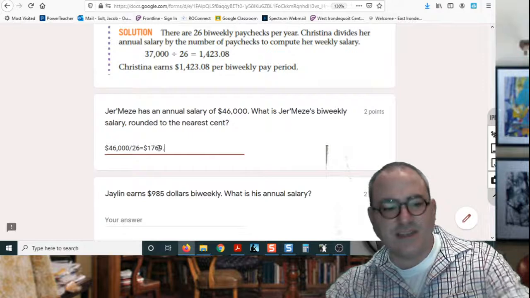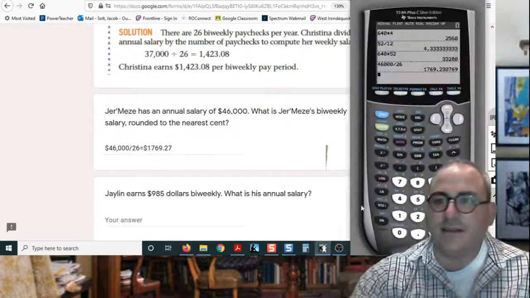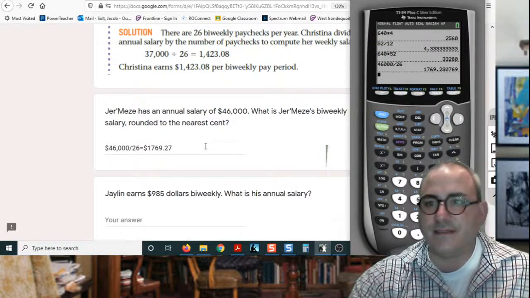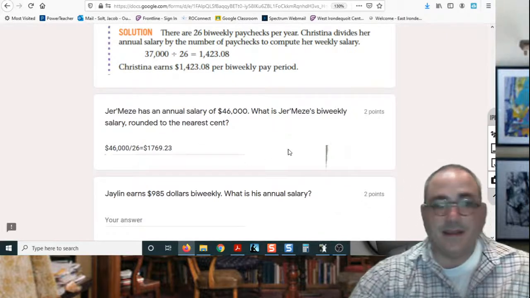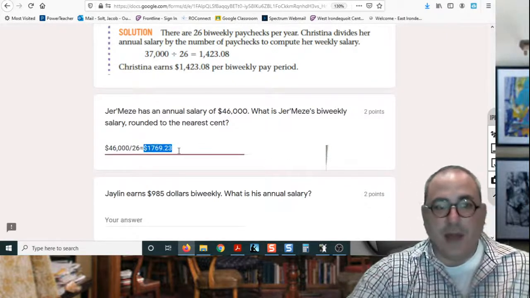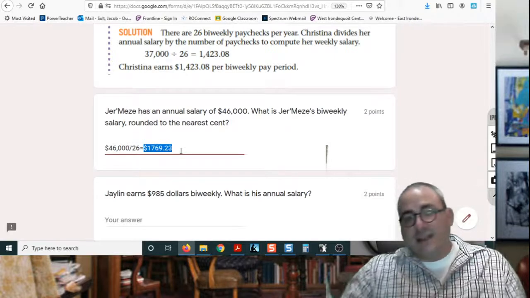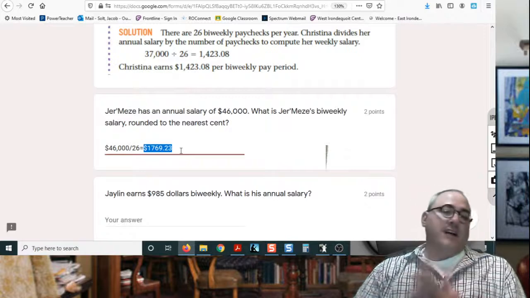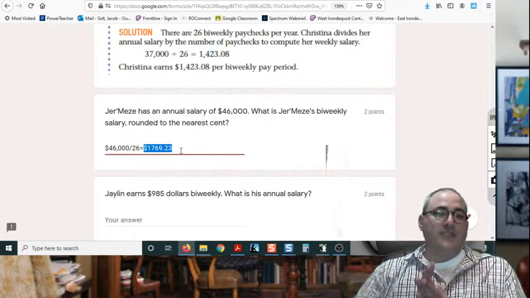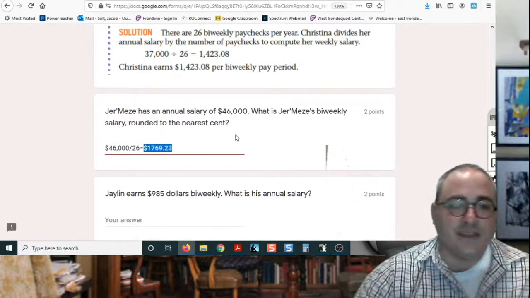Did I say 27 cents? I'll go back and check. Nope, 23 cents. All right, good. Glad I went back and checked. And there it is. This is Jermez's biweekly salary. At $46,000 a year, he should be looking at a gross biweekly pay of $1,769.23.